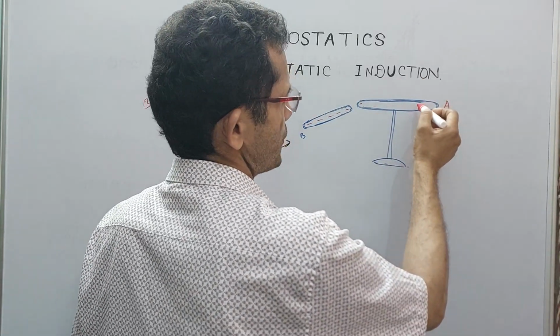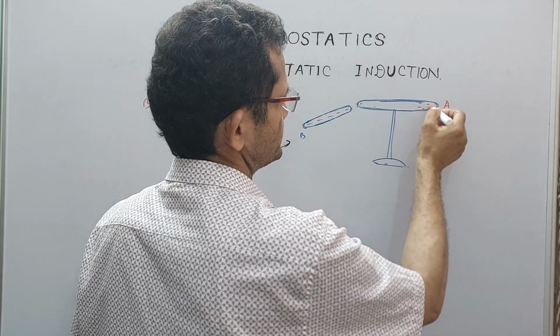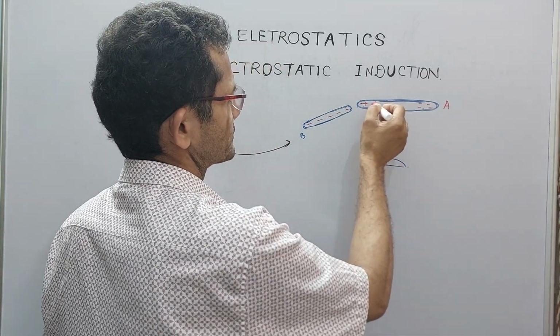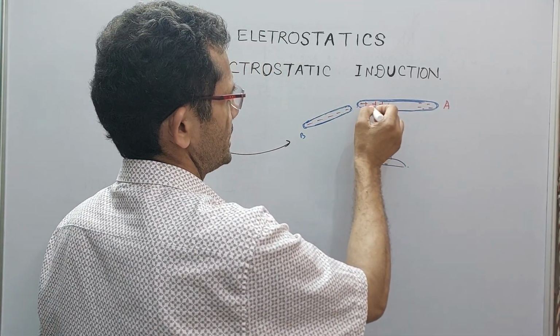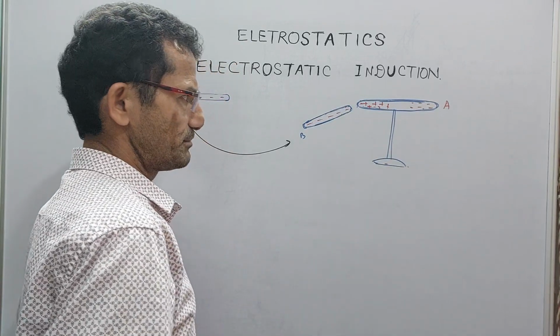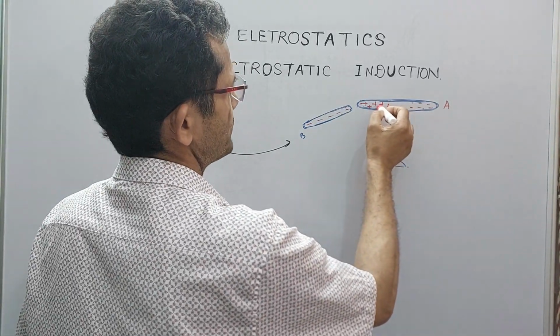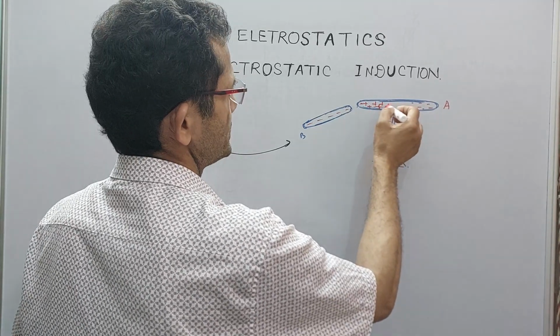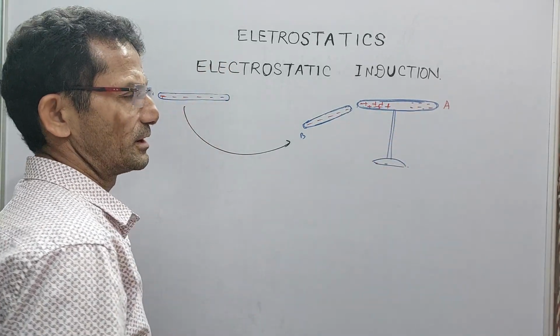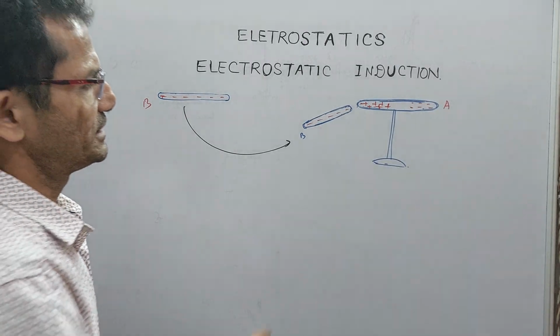So the electrons get collected at the other end, and positive charges remain here due to the electrostatic pull. Due to the electrostatic pull, positive charges remain nearby this rod B, and electrons go to the far end.